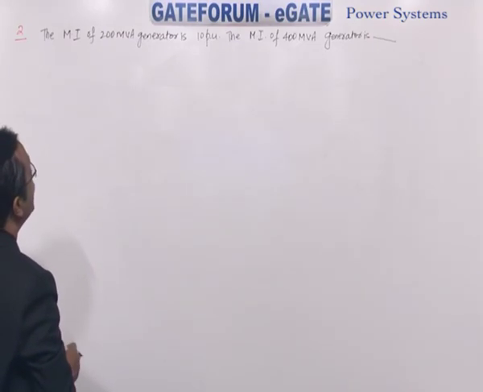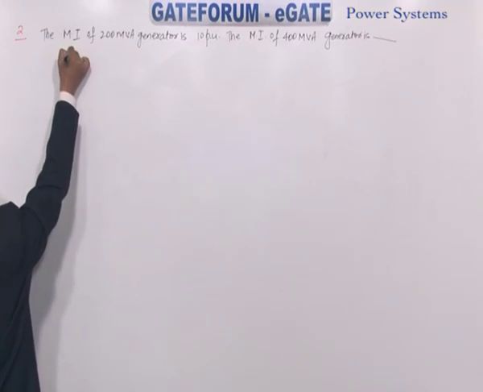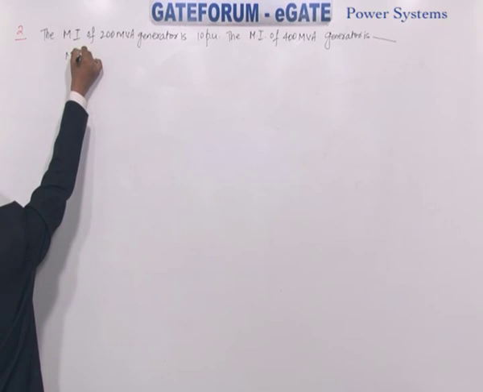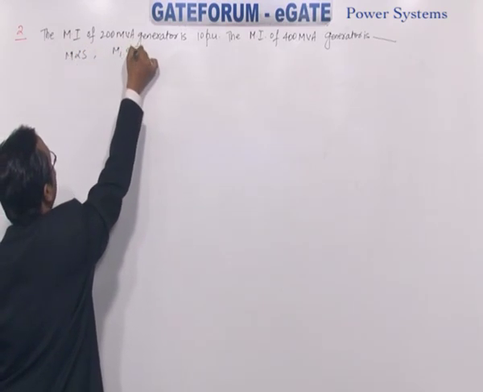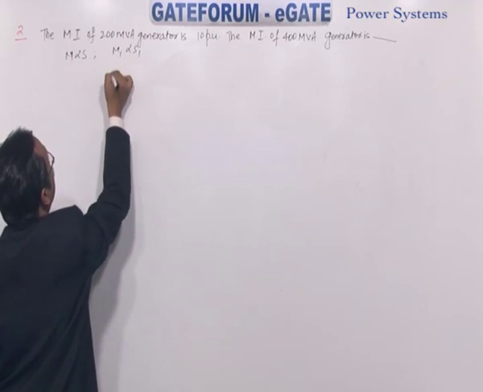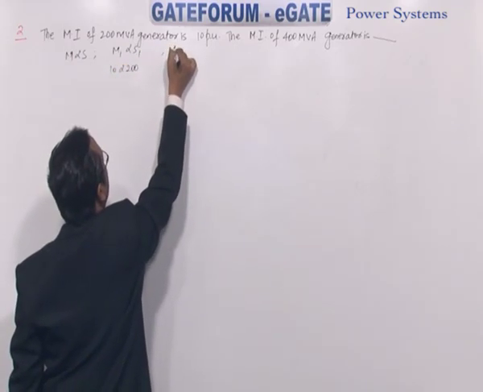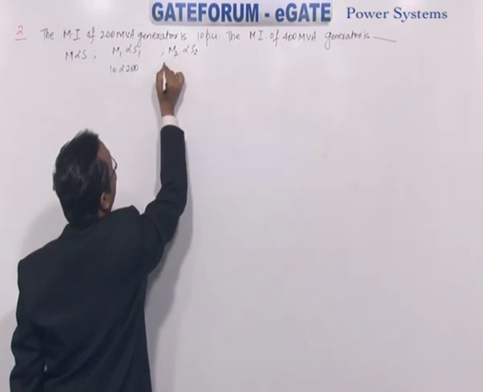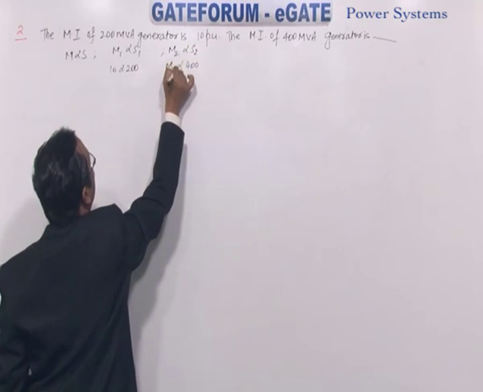So how are M and S related? They are related directly. So M1 is proportional to S1. S1 is 200. M2 is proportional to S2. S2 is 400.